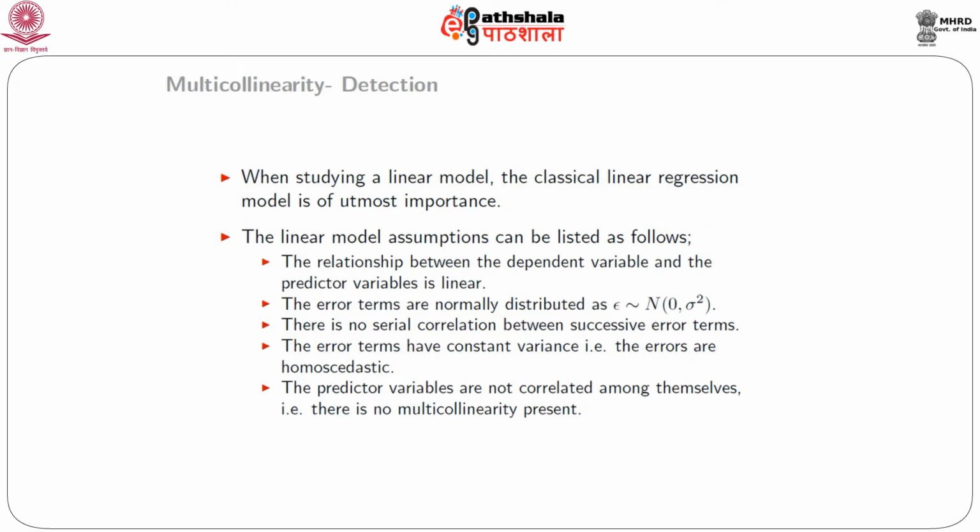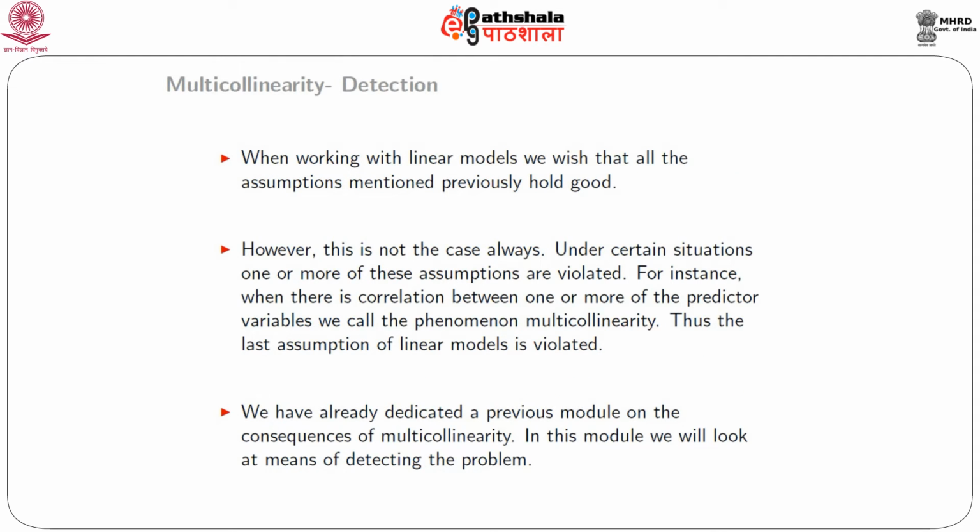So, while trying to fit a linear model, we have to keep in mind these model assumptions, and any violation of any of these assumptions leads us to a number of statistical methods and techniques to detect the violation and to remedy the situation. When working with linear models, we wish that all the assumptions mentioned previously hold good.